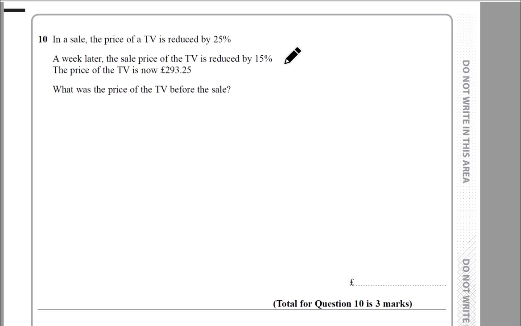So let's have a look at this question here. In a sale, the price of the TV is reduced by 25%. So I'm just going to use the letter T instead of X. The price, T equals the original price. Now I can tell this is a reverse percentage type question, because a week later it's reduced by 15% again.